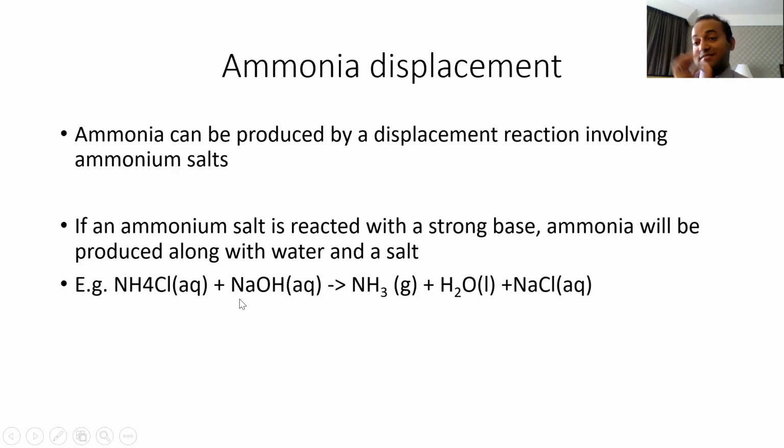You don't need to memorize this equation, just know that when ammonium salts react with an alkali, they produce ammonia. This is also one of the methods to identify an ammonium salt. I just put this equation so that you can have an idea what is happening. This usually happens in the laboratory.